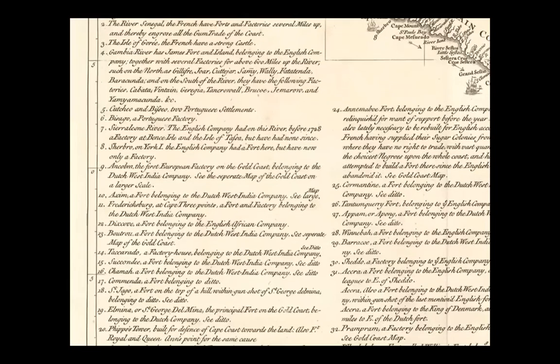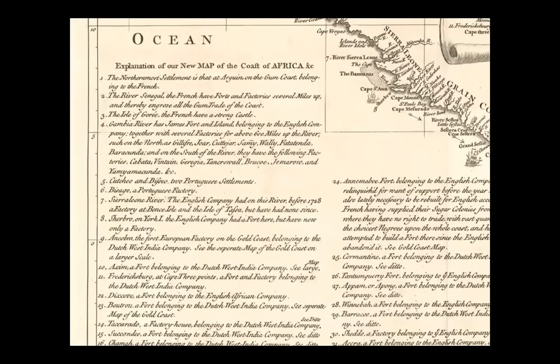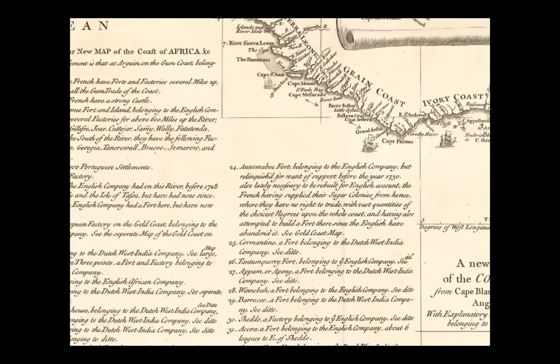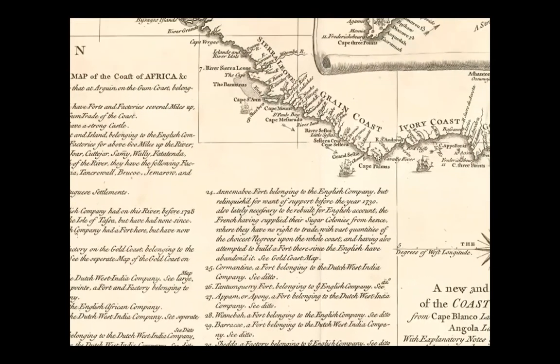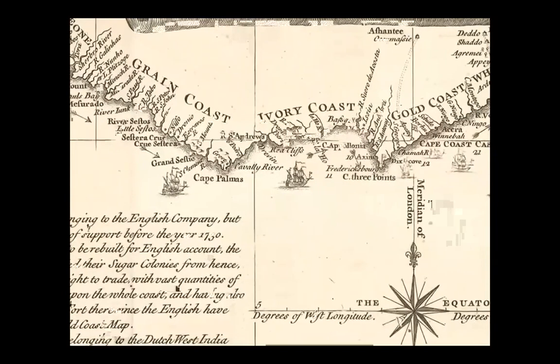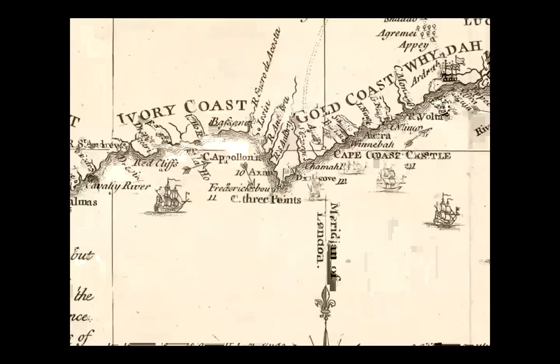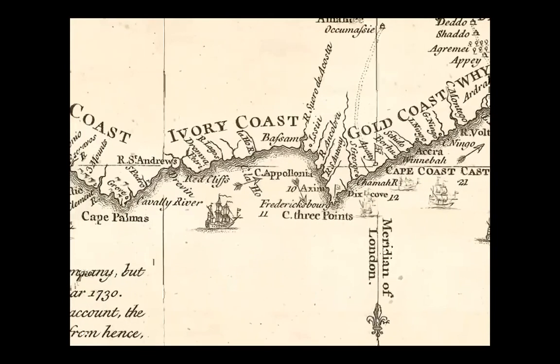They start number 1 up here and continue, each representing an entry for a fort along the coast, which is numbered. And therefore you can see what it's referring to precisely. Dick's Cove, which we have heard about, is number 12, Axim number 10.